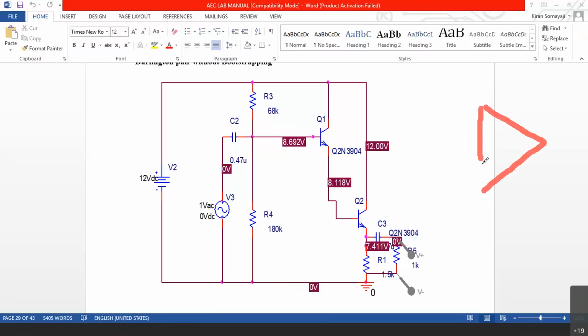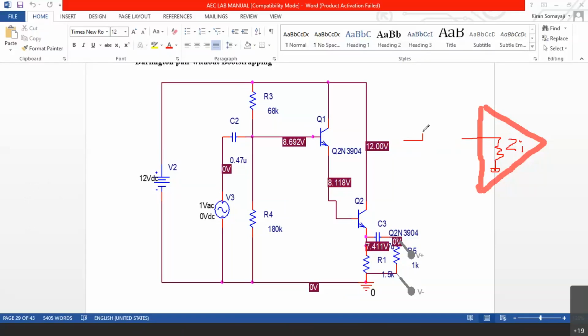As no one is responding, let me tell you once again how to measure input impedance. Inside the amplifier, you have Zi, right? This is Zi.